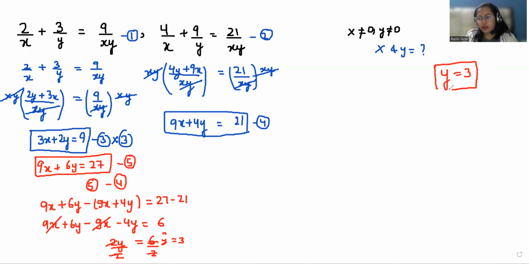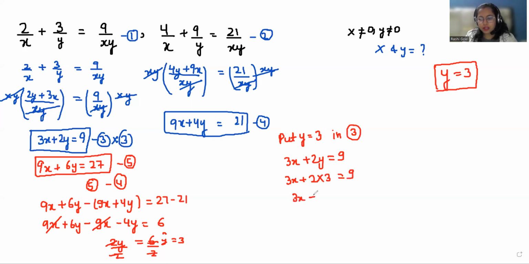Now we can put the value of y in any of the equations. So I'm going to put it in equation number 3. So put y is equal to 3 in the third equation. That is 3x plus 2y is equal to 9. So 3x plus 2, in place of y I'll write 3, is equal to 9.